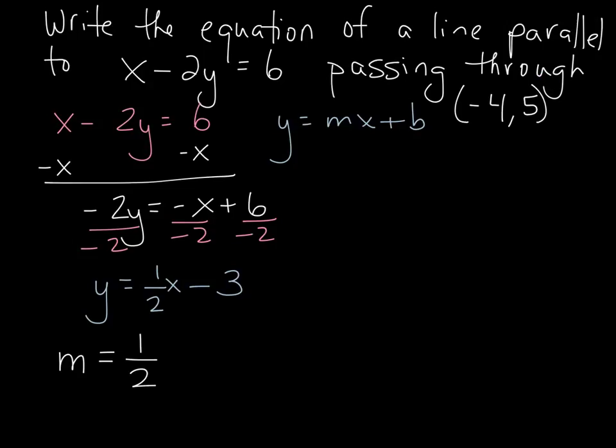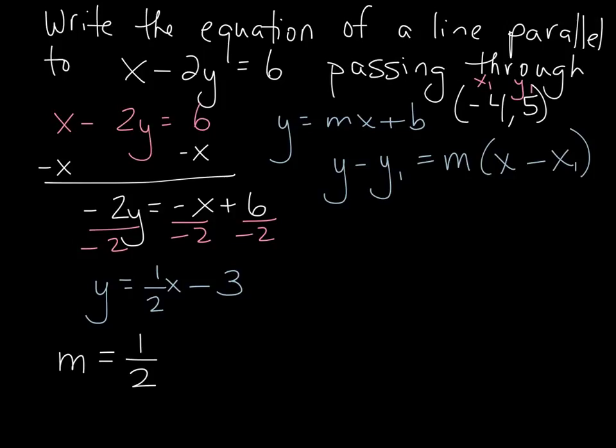So when I do that, that means I've got to reminisce back to, so before I wanted to get in slope-intercept form. Well, now since I'm given a point and a slope, I'm going to use point-slope form, which is y minus y1 is equal to m times x minus x1. So sometimes, if you need to, remember this is my x1 and this is my y1, just giving you an idea there.